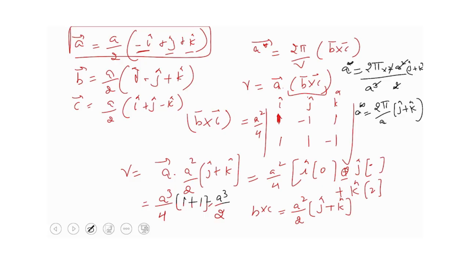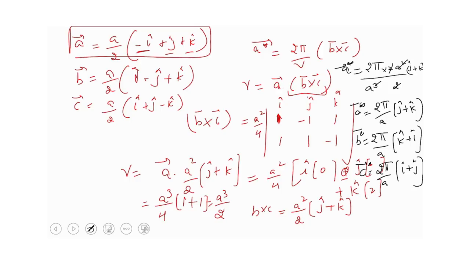Similarly, we can calculate for our vector B star, and that will be 2 pi by a (k cap plus i cap), and vector C star will be 2 pi by a (i cap plus j cap).